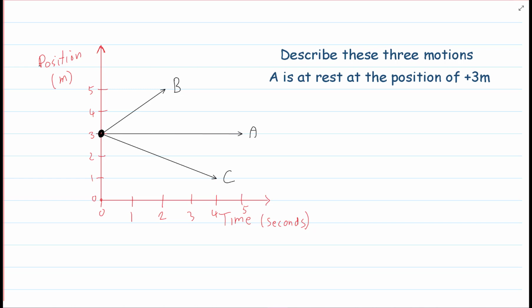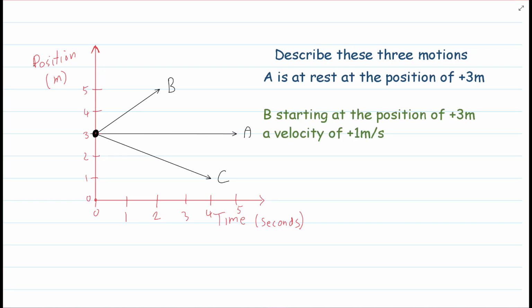Okay, with that type of description, let's take a look and see if we can get down B. How about B? Starting at position of positive 3 and has a velocity of plus 1 meters per second.